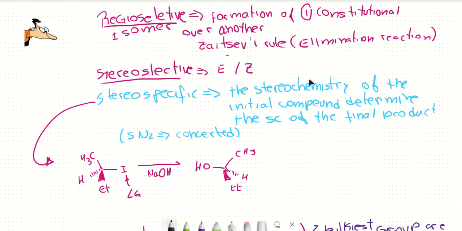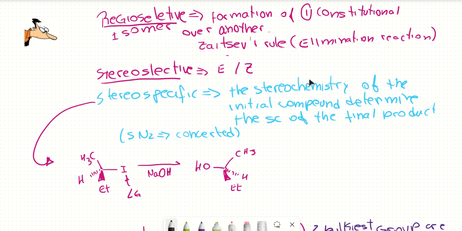So this is stereoselective. For stereospecific, we can remember the SN2 reactions. Since we have a concerted reaction, everything happens in one single step: breaking the old bond with the halogen and forming a new bond.